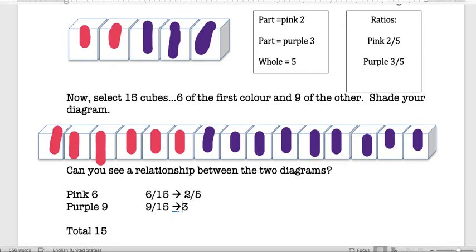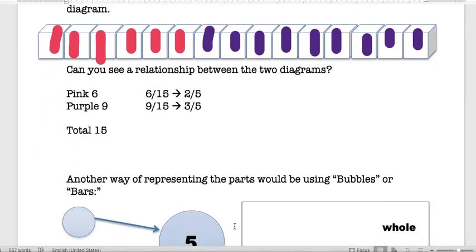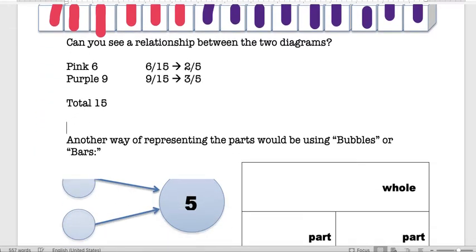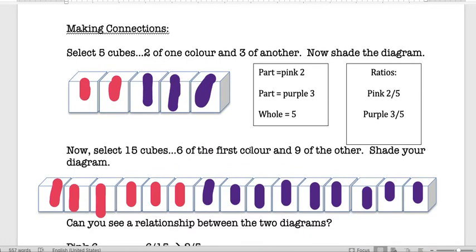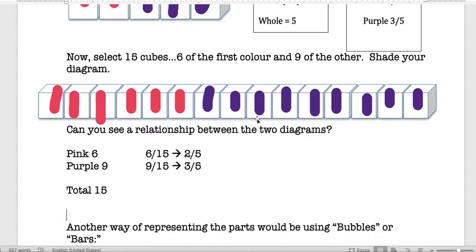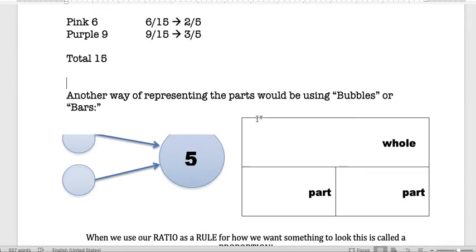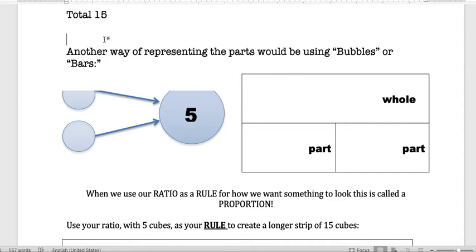And if I divide out a 3 from the denominator, I'd be left with 5 as well. So what do you notice? They are equivalent. So we increased it by the same ratio. The total amount increased by the same ratio, and each color proportion increased by the same ratio.